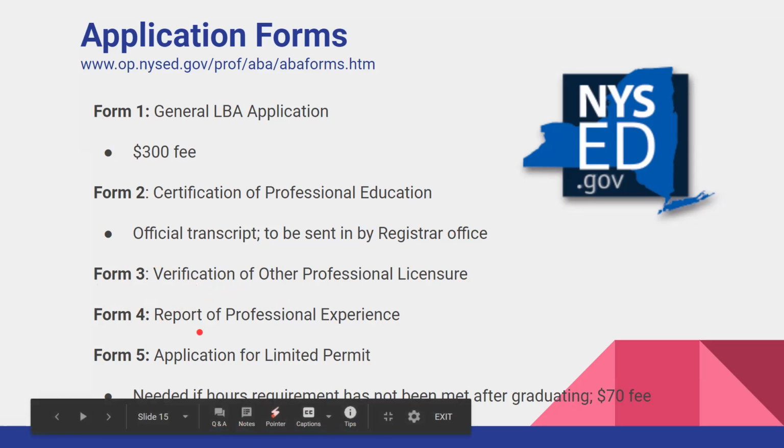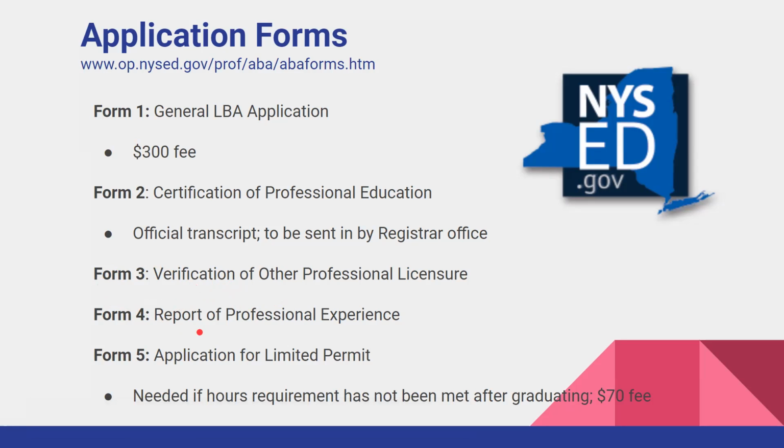Form 4 is your report of professional experience, which is probably the most important form of all of them, where you'll document all of the hours that you have done. It's got a similar structure to the BACB's final form, in which they'll ask you, what's the total amount of hours that you did during your whole time?